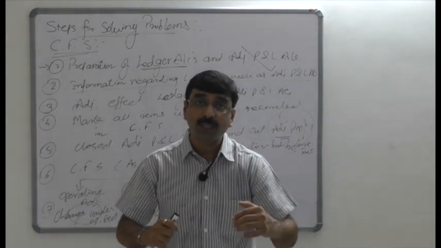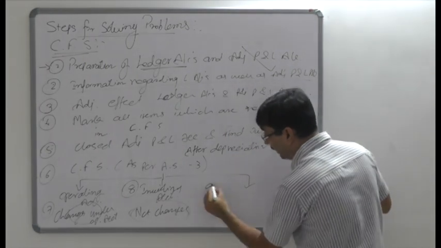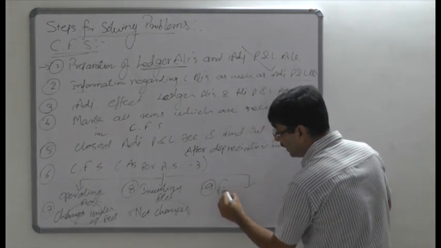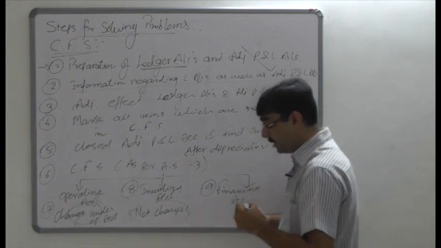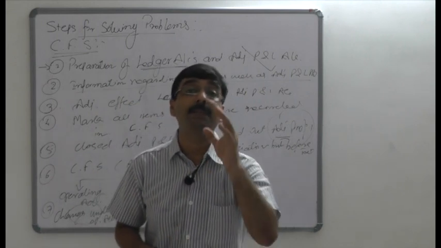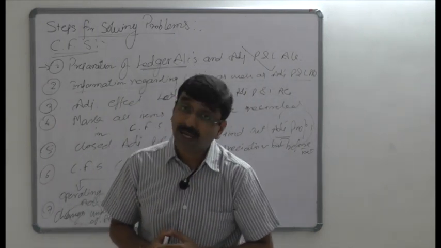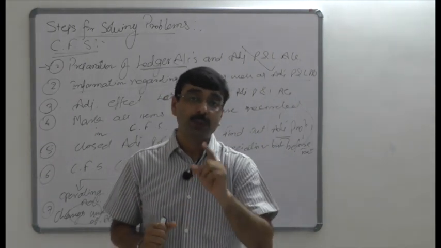After we find out the investing activity changes, moving to the last step, the 9th step, that is financing activity. In this financing activity, the company needs to identify what amount of changes occurred in their capital structure, along with any dividend or interest paid.